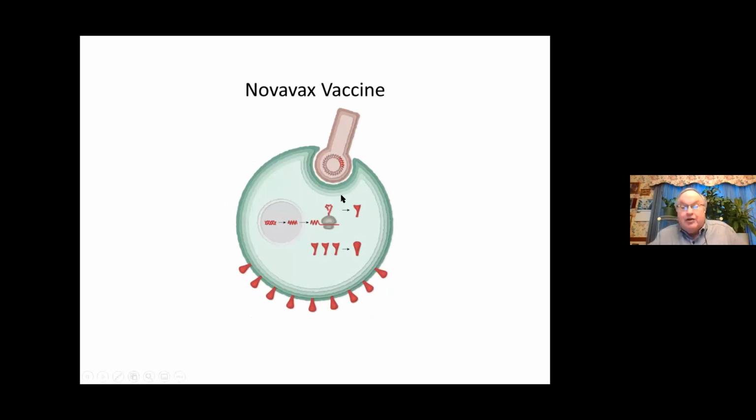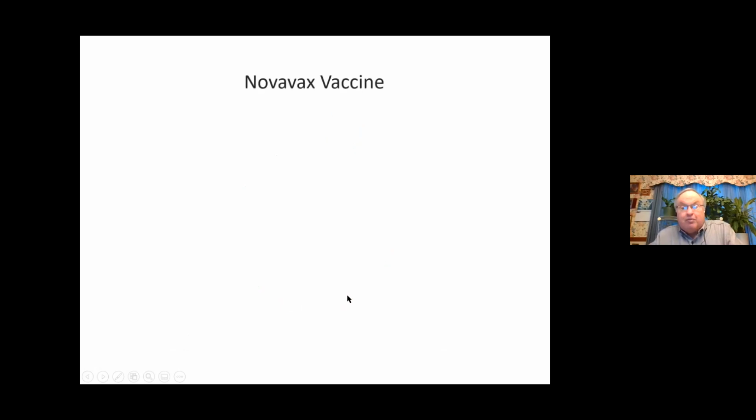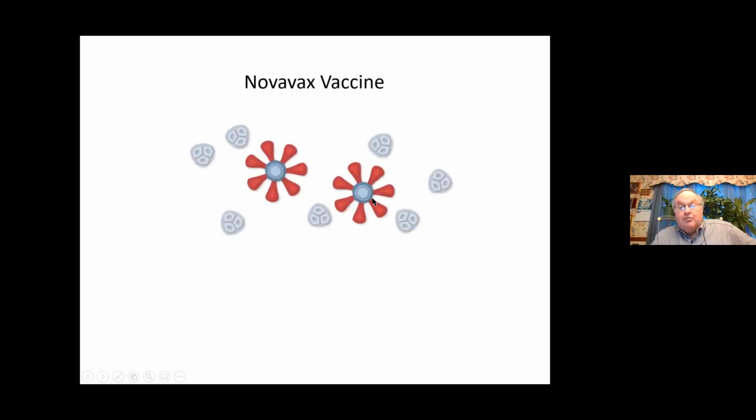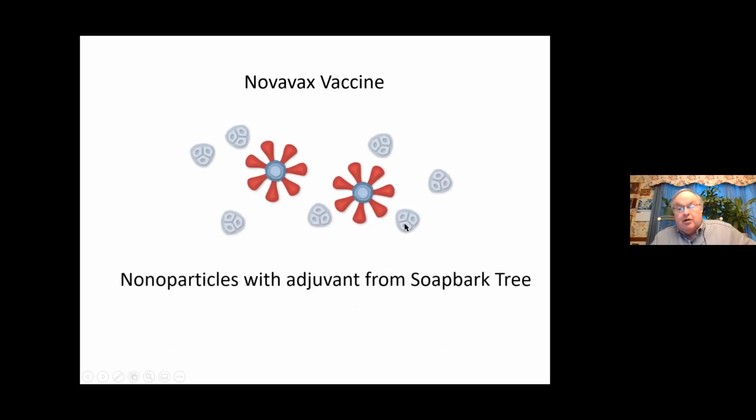In their laboratory, in their factory, they make these spike proteins using actual cells, and actually insect cells. And then the spike proteins are made into little nanoparticles, and an adjuvant is added from the soap bark tree.